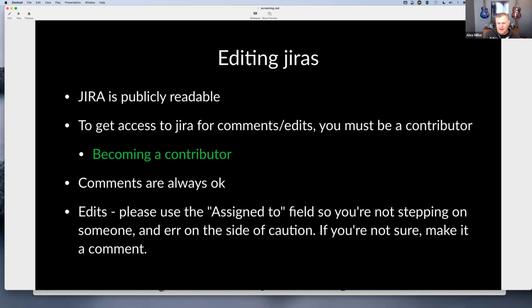And if it's already assigned when you go in to look at it, then it is certainly polite to ask that person if you can find them either on JIRA or in other places in the world. It's polite to ask. You don't have to wait forever. If you ask and you don't get an answer in a day or two, it's fine by me if you just take it over and say, I'm going to start working on this. Because it's often that people just set it and then forget about it.